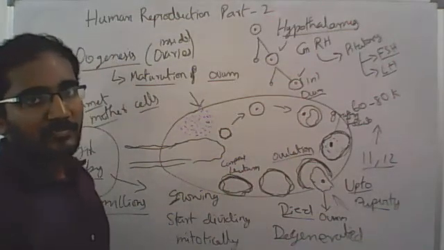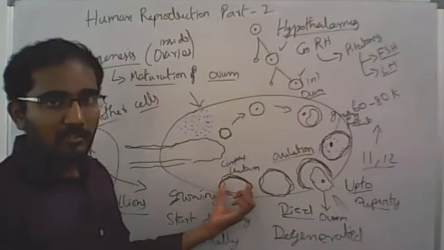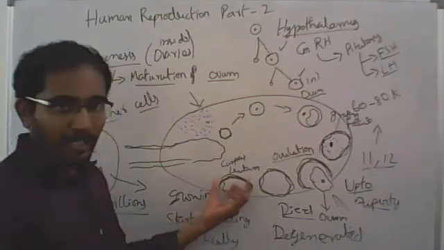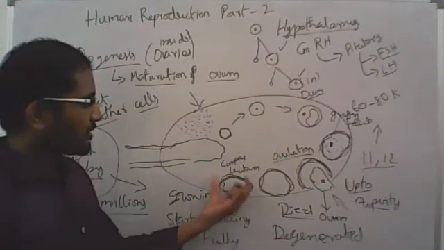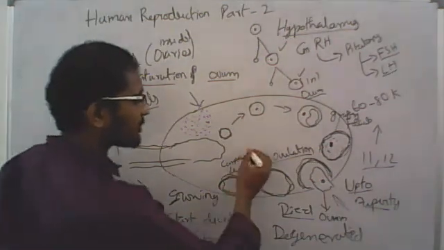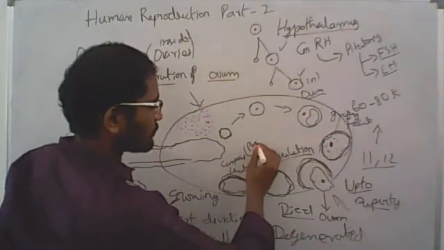Gland means it has to secrete something. What it is going to secrete is progesterone.